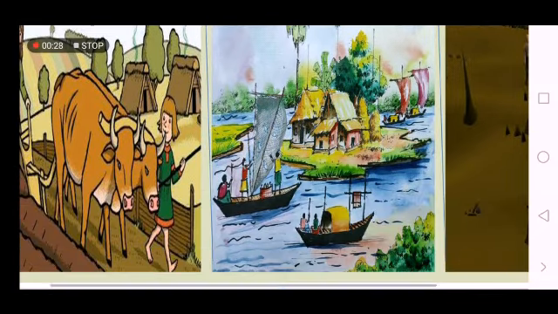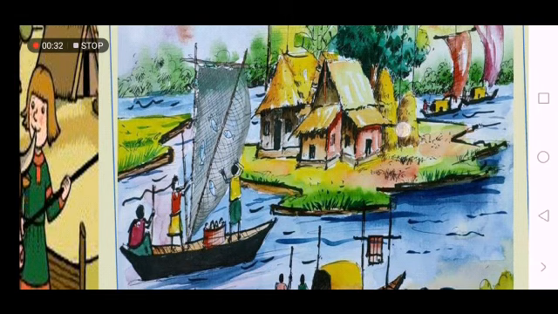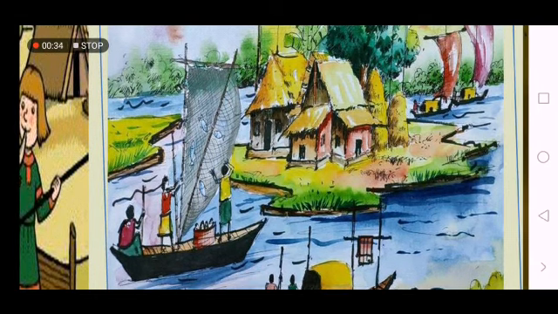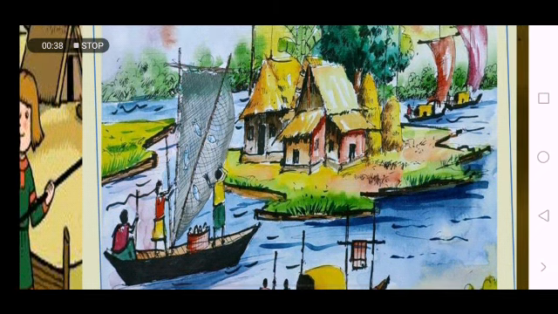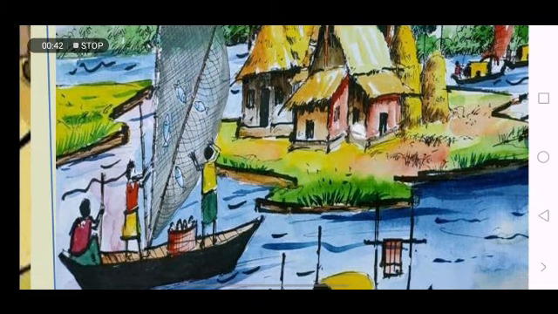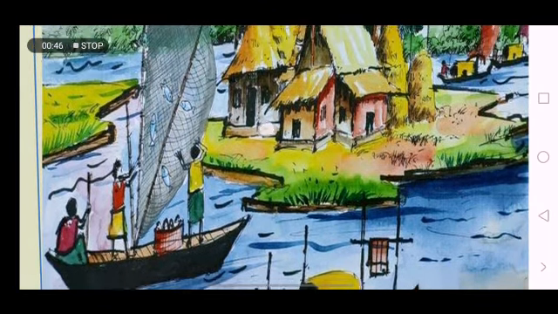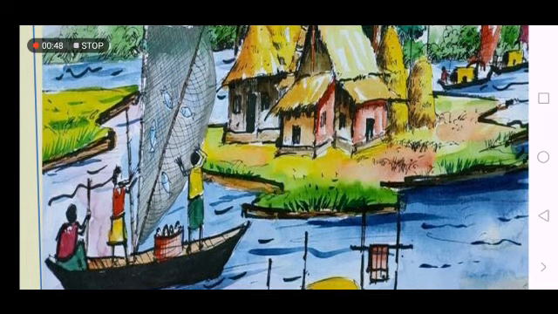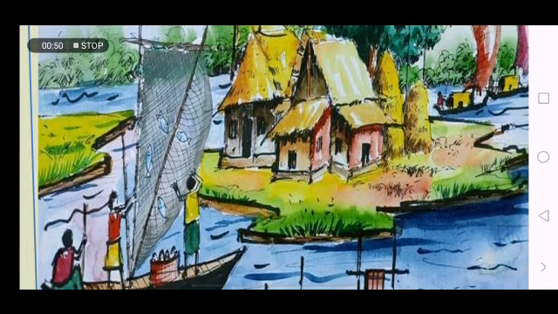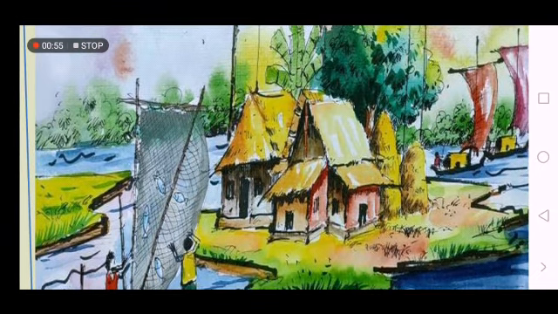Okay, so here you can see a fishing village. It's obvious that it's in the middle or close to a river, and you can see here some people are fishing. So these might be fishermen, and this type of village had to be near a sheltered harbor.